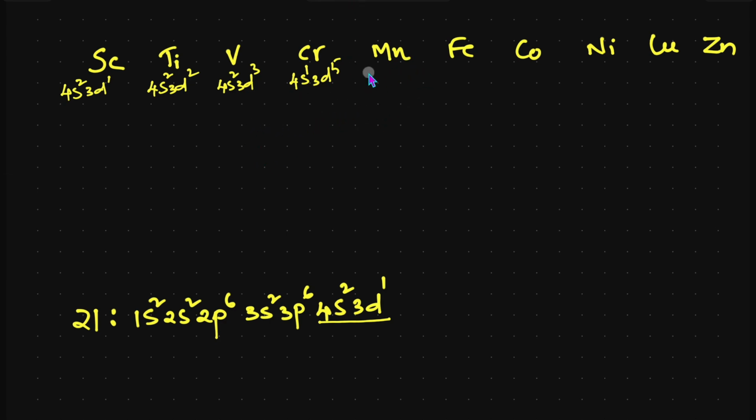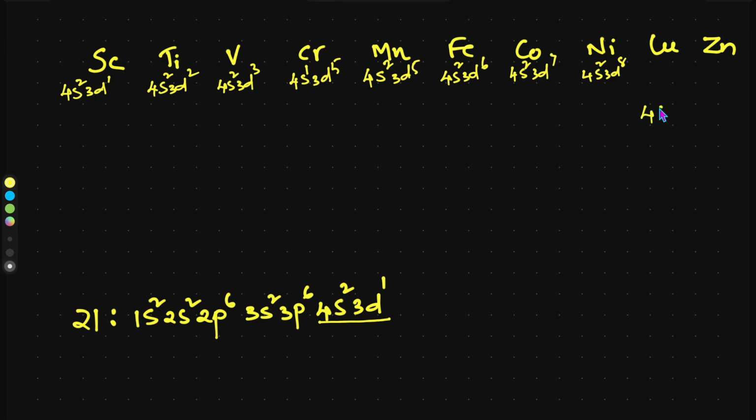So manganese is going to be again 4s2 3d5. Iron is going to be 4s2 3d6. Cobalt 4s2 3d7. Nickel 4s2 3d8. What about copper?